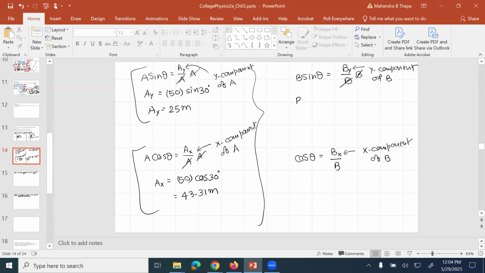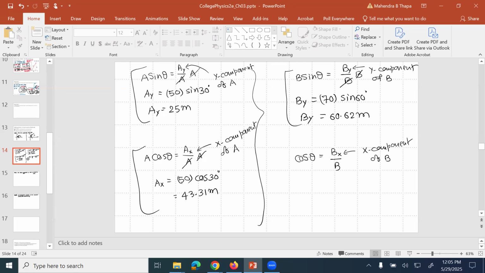So BY equals 70 times sine 60 degrees, which equals 60.62 meters. So this is the y component.